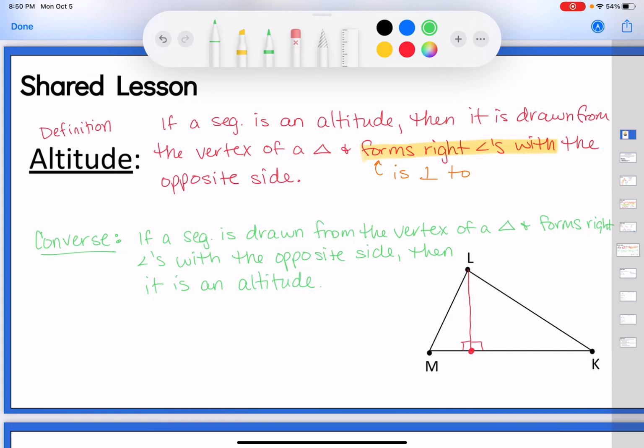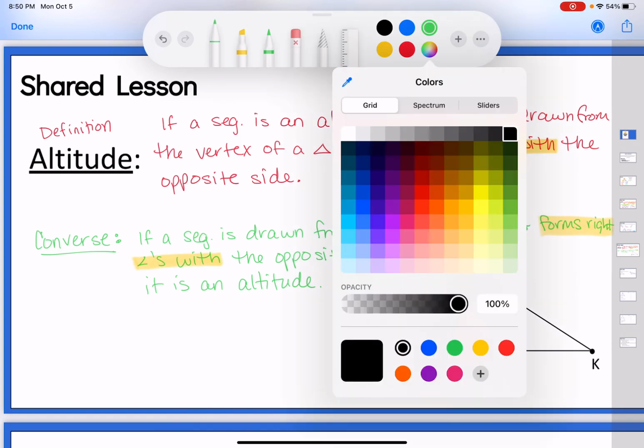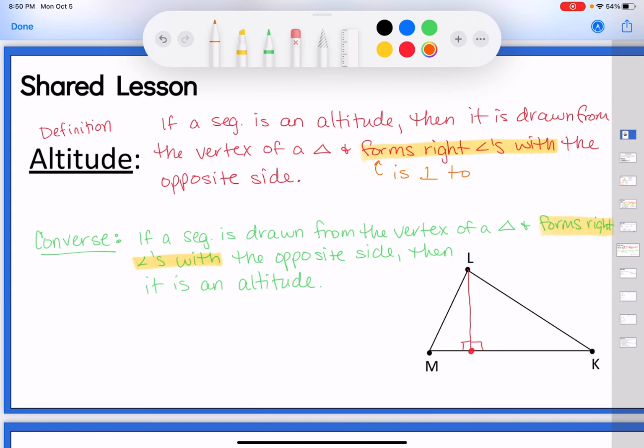And again, forms right angles with can be swapped out for is perpendicular to if needed.